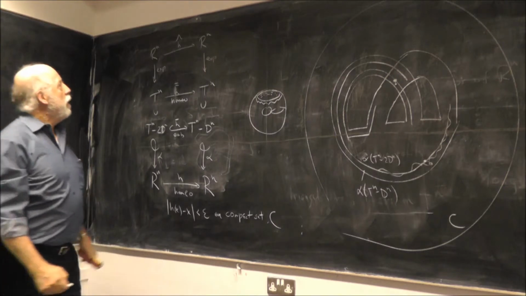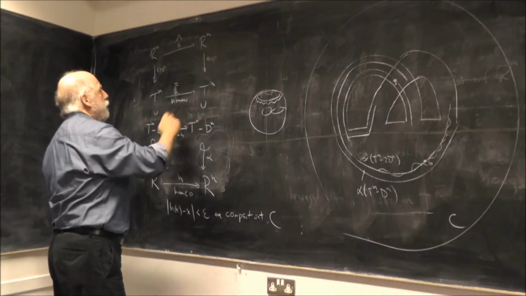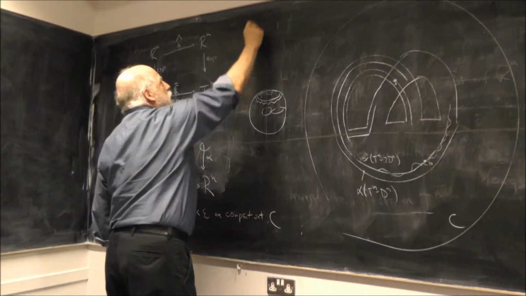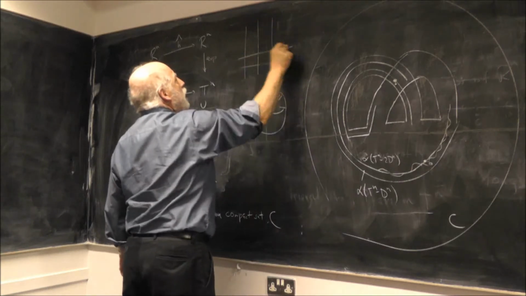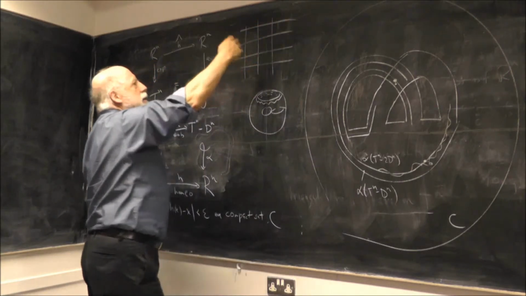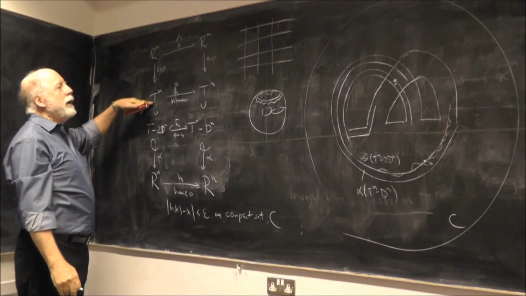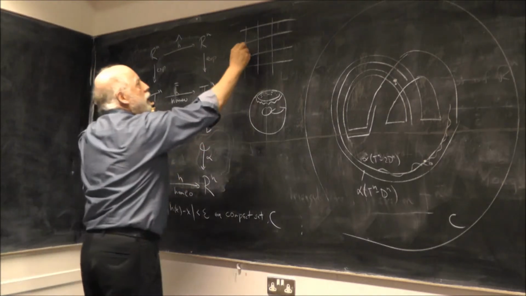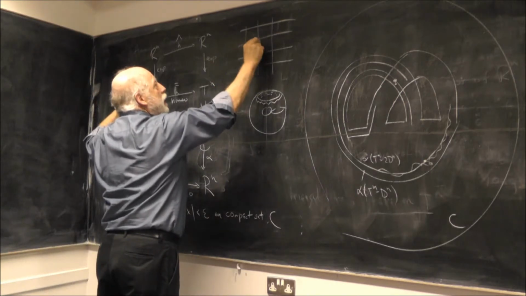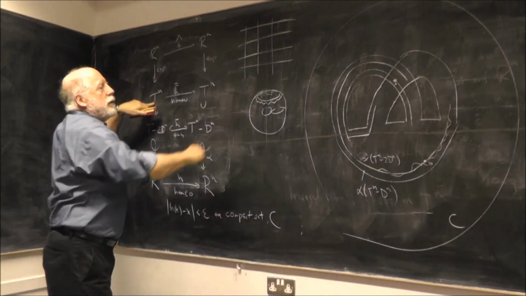What does H hat look like? Well, it's periodic, because this is the lattice, the integer points and so on. That's how you map from Rn down to the N torus. So each one of these squares maps down around the 2-torus.